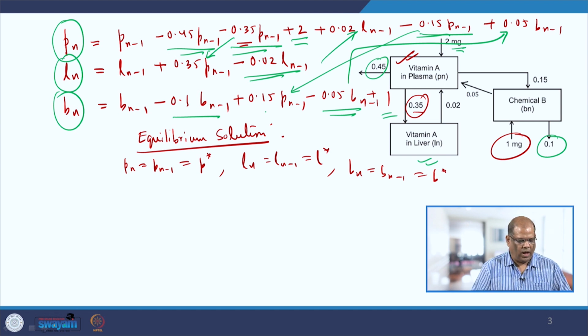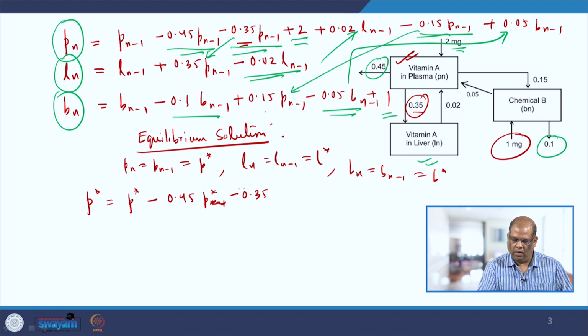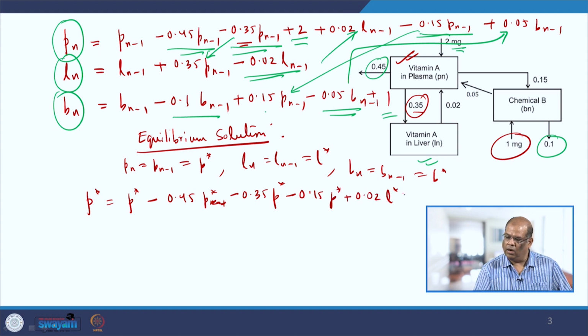If you do that, you will get P star equal to P star minus 0.35 P star minus 0.15 P star plus 0.02 L star plus 0.05 B star plus 2.